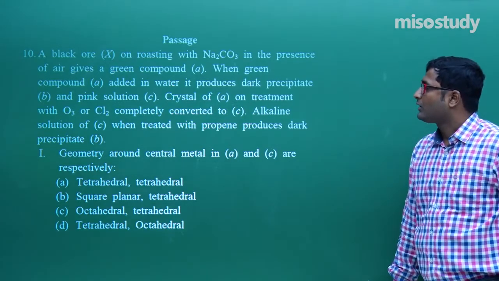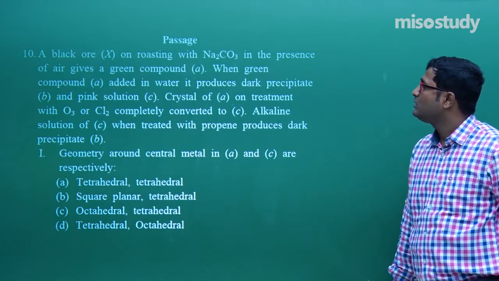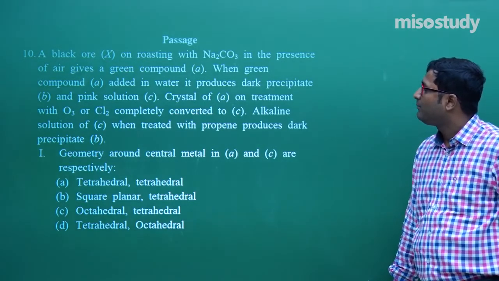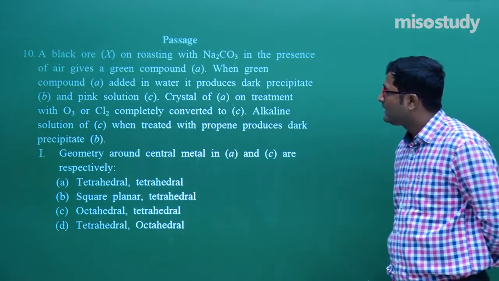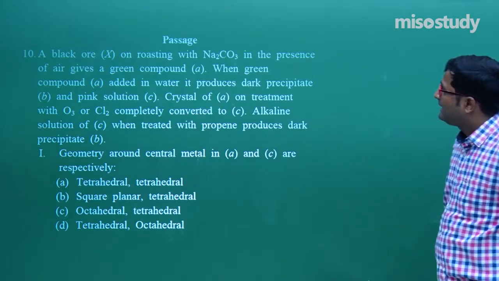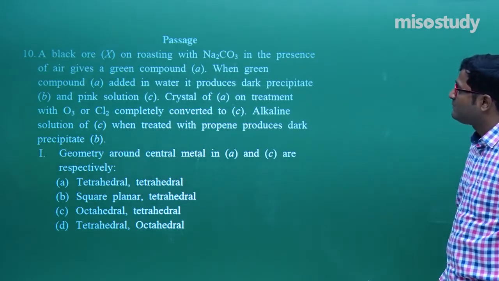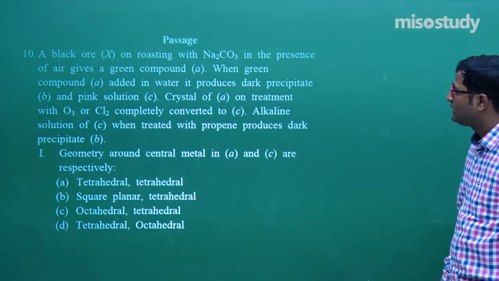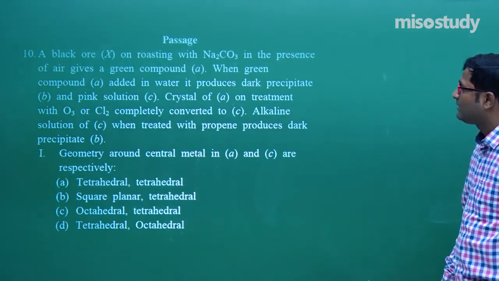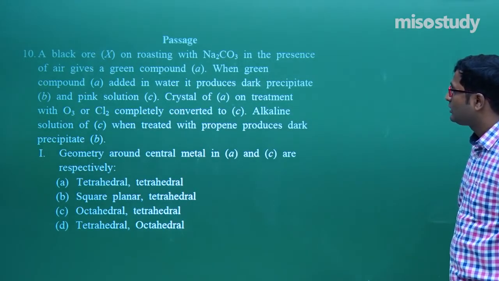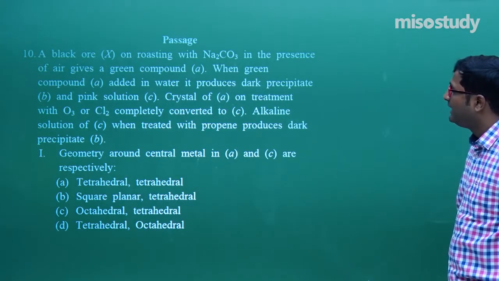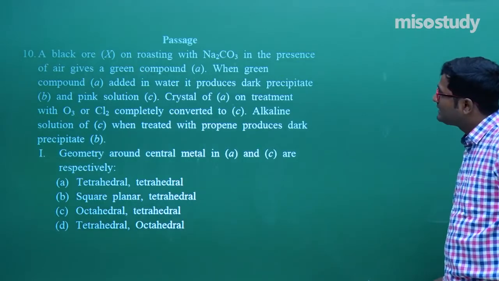A black ore on roasting with Na2CO3 in the presence of air gives a green compound A. When green compound A is added to water, it produces dark precipitate B and pink solution C. Crystal of A on treatment with O3 or Cl2 is completely converted to C. Alkaline solution of C when treated with propene produces a precipitate B. Clear? So listen to the question.